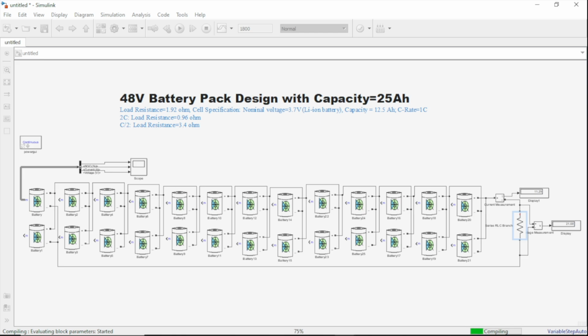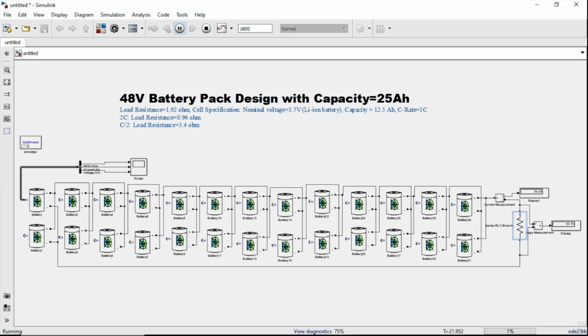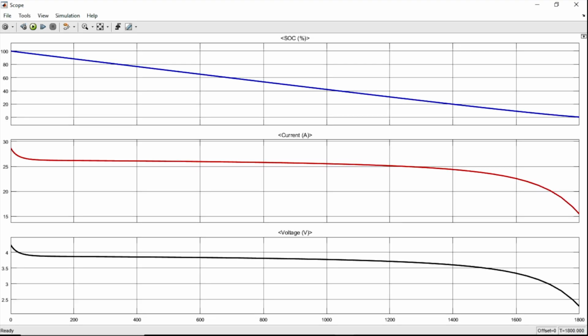So here you can see the corresponding current measurement as well as the corresponding voltage measurement. From here we can easily find the battery voltage, current and the SOC. So here you can get the output. Double click on the scope.